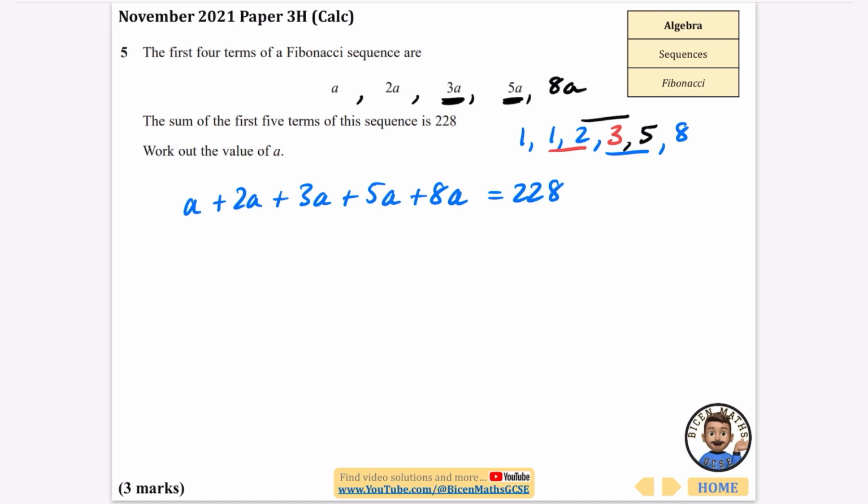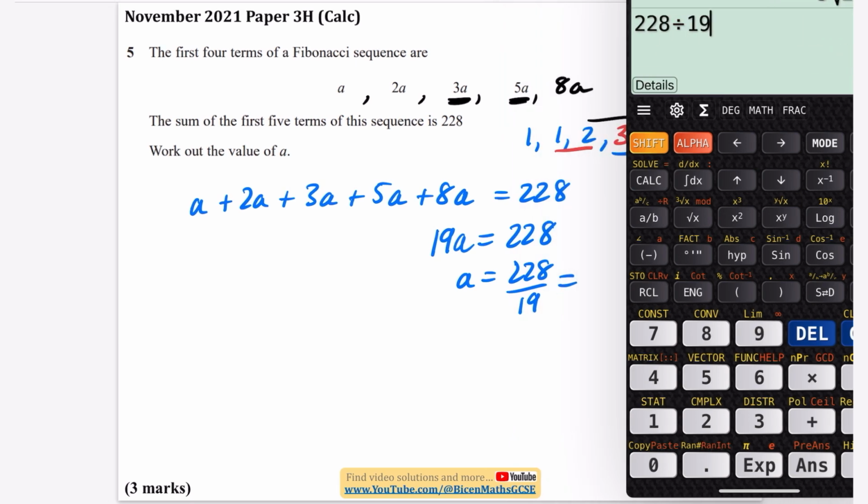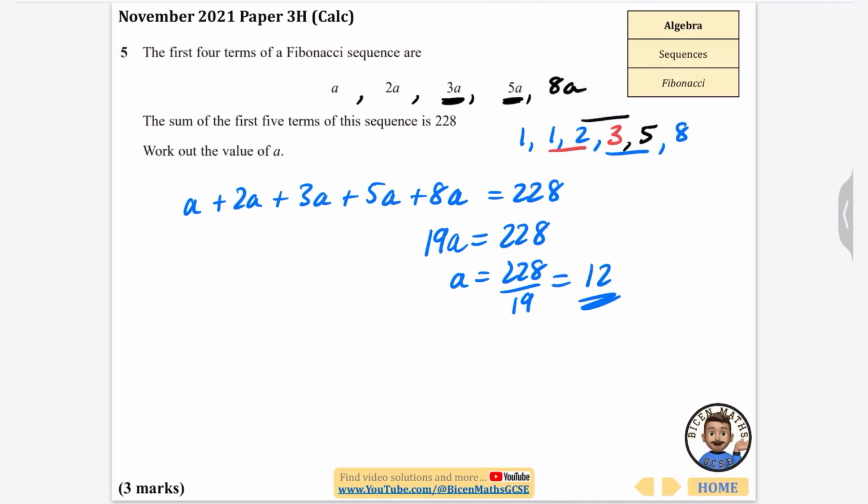So adding those up on the left-hand side, I have 8 plus 5, that's 13, plus 3 is 16, plus 2 is 18, plus the 1 is 19. Now, of course, you could check that on a calculator. So 19a is 228. So a is 228 divided by 19. Of course, I'm going to do that on my calculator. 228 divided by 19, a is equal to 12.